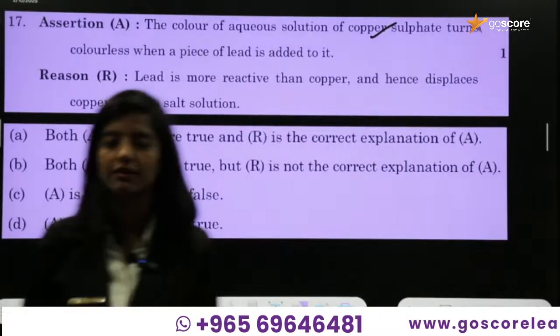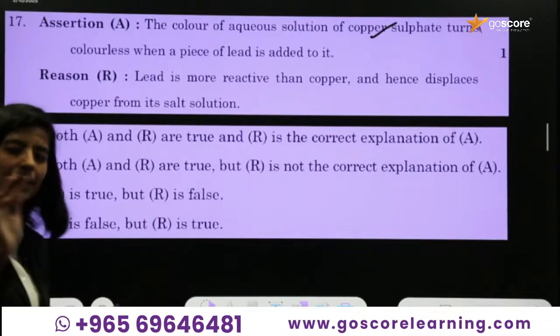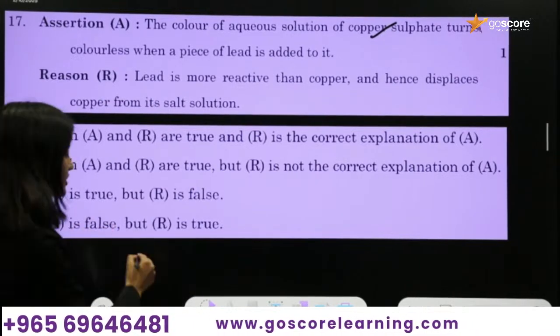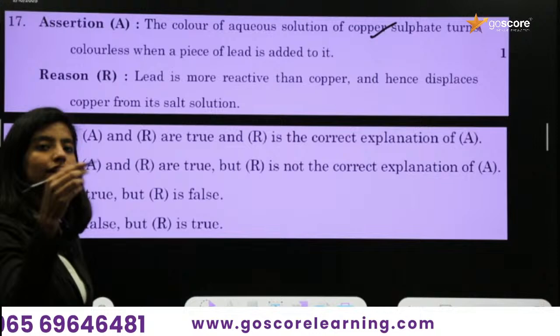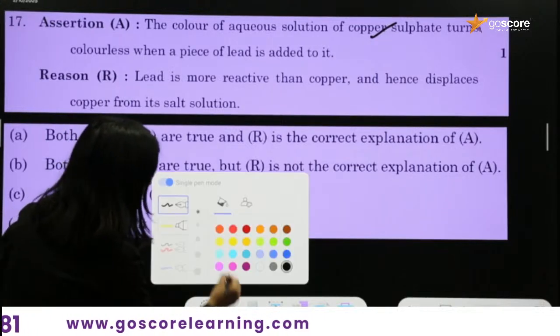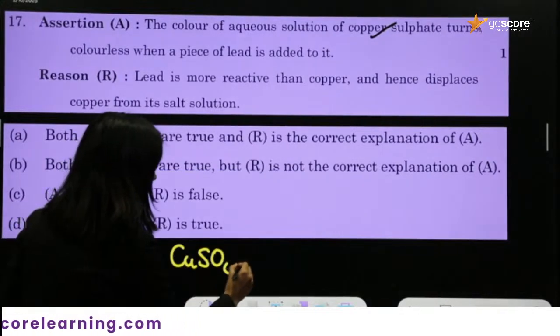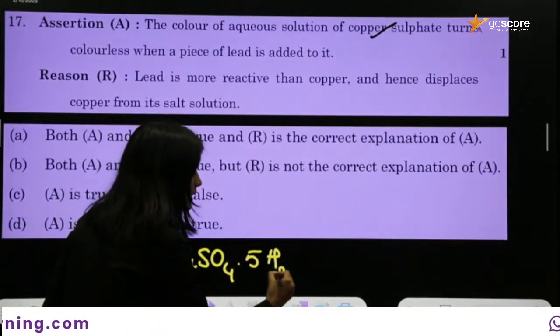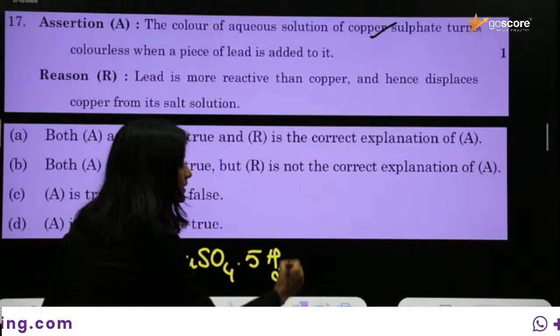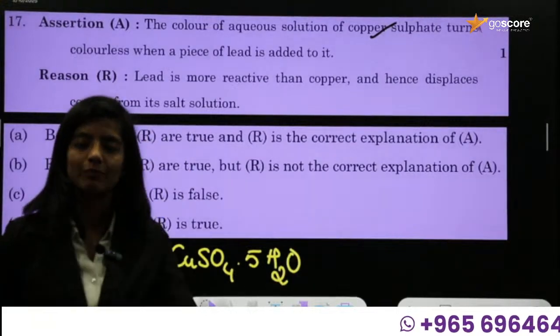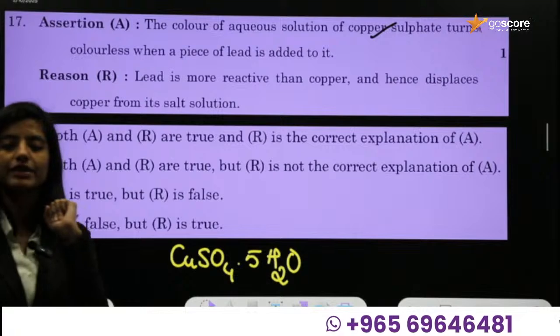The first thing you're going to do is write down the formula of the hydrated copper sulfate, CuSO4·5H2O.